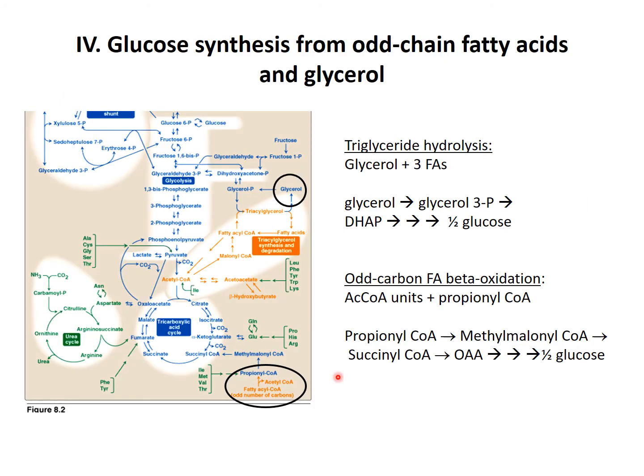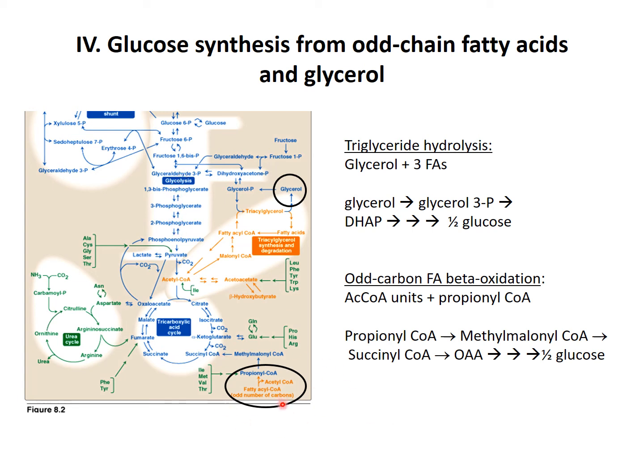Okay, glucose also can be synthesized from odd-chain fatty acids, as I mentioned before. Triglycerides will give you glycerol, which can go to glycerol phosphate and join the gluconeogenesis process. You remember we mentioned that glycerol can also be used for glycolysis.